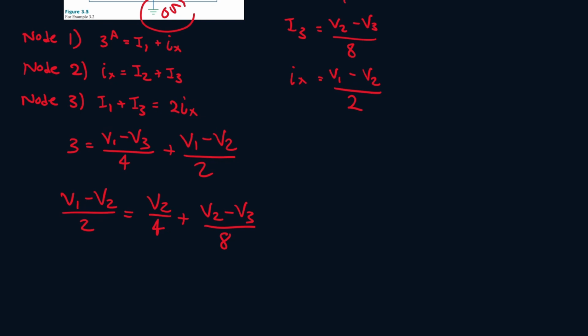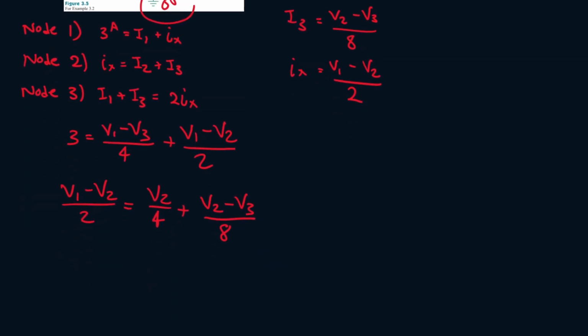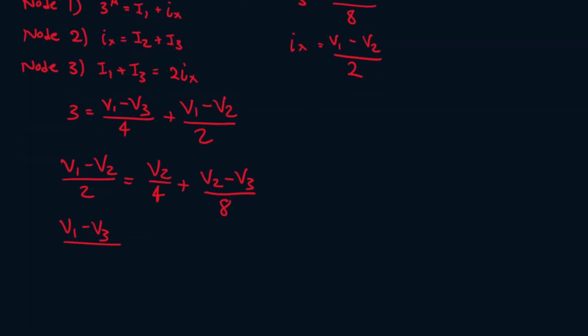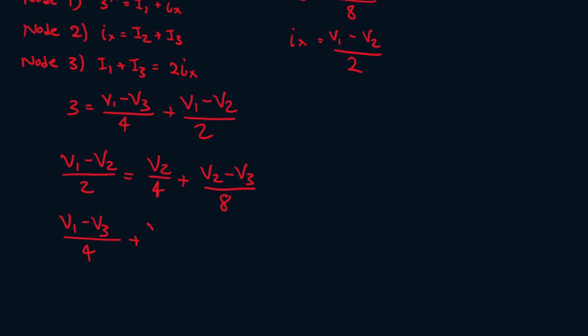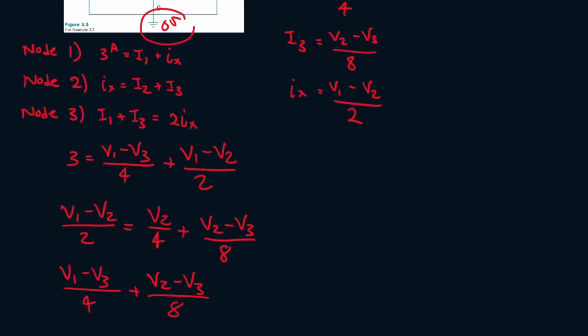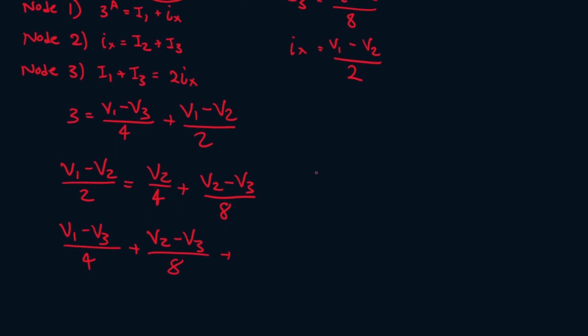And then the last one, I1 was V1 minus V3 all over 4 plus I3, which is V2 minus V3 over 8 plus 2IX, which is V1 minus V2 over 2.